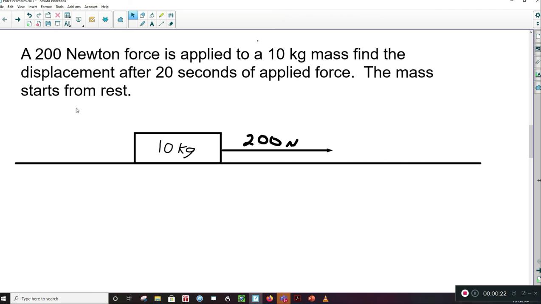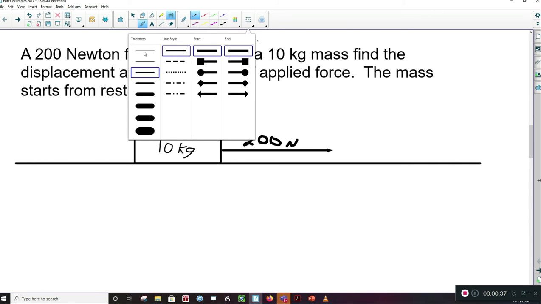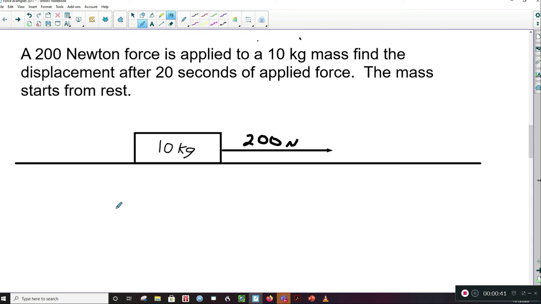So we have a 200 newton force applied to a 10 kilogram mass, and we want to find the displacement after 20 seconds of applied force, and the mass starts from rest. So what we really need to do here is determine the acceleration on the block so then we can find the displacement. And the way to find the acceleration is using Newton's second law.